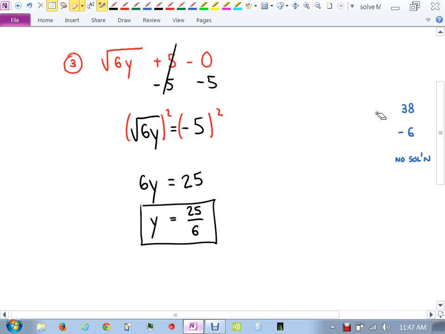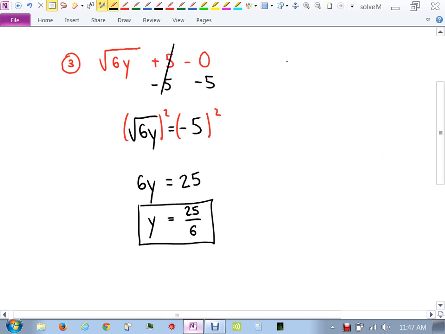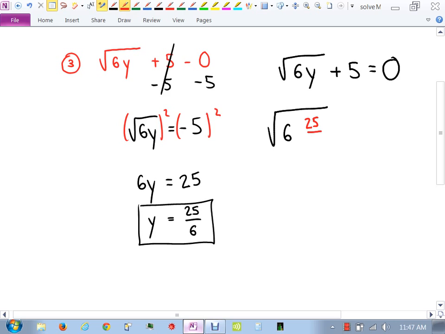But when I check it, I go back to the original equation that was given to me in the very beginning, right? It was this. And I'm going to replace my y with 25 over 6. So here it comes, 25 over 6, and that's being multiplied, and then I have plus 5 equals 0.